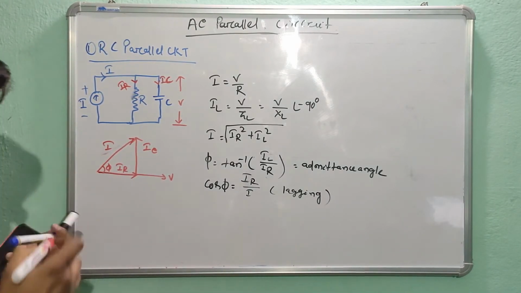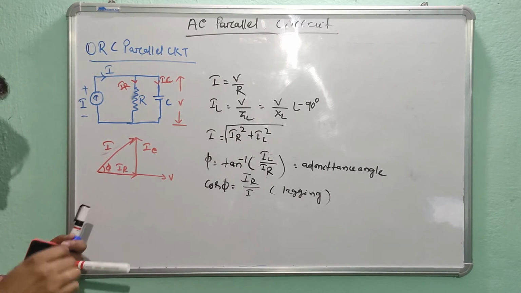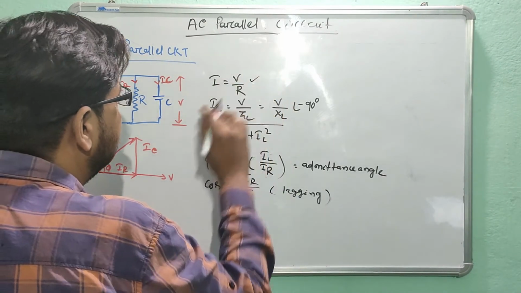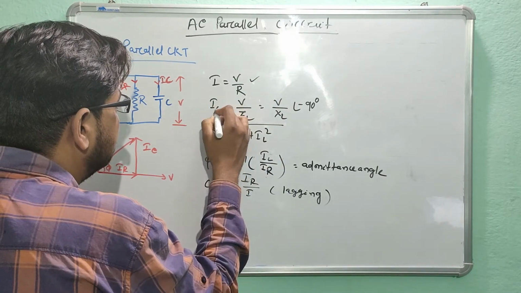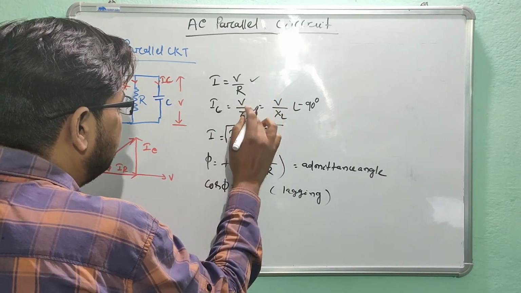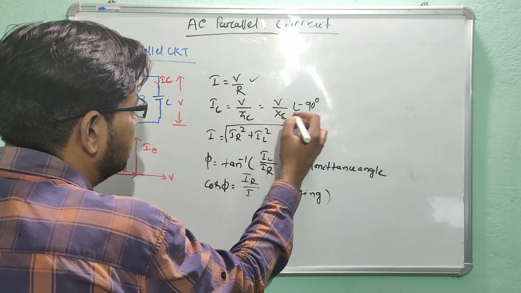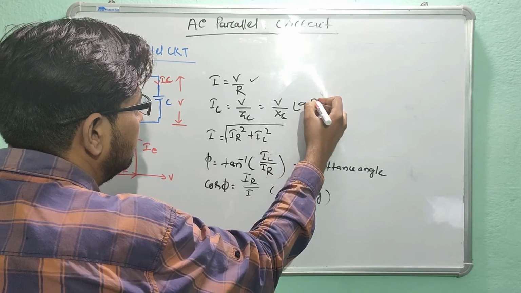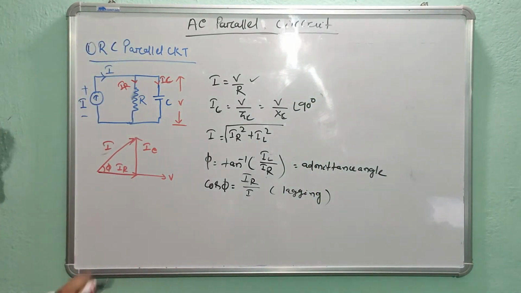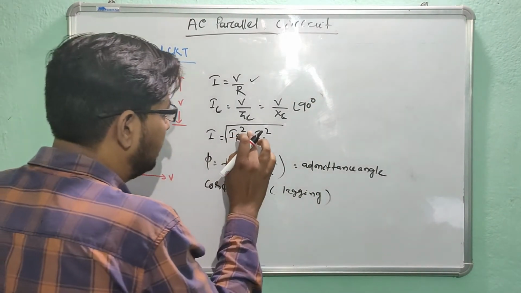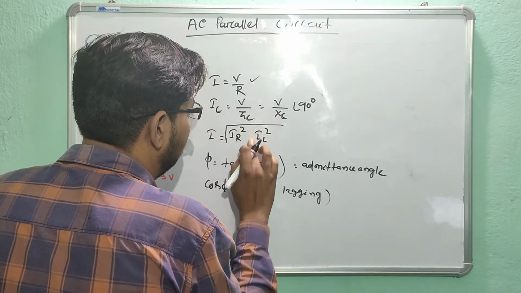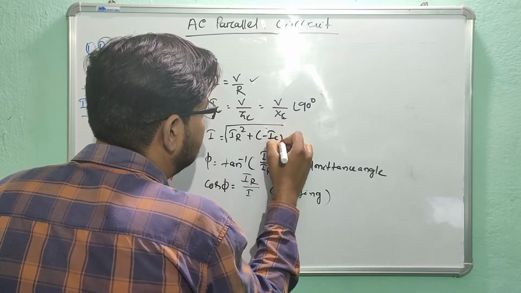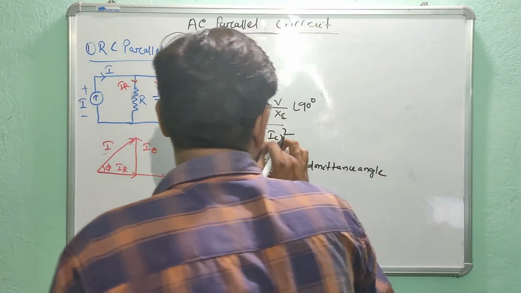This is my vector diagram, and you see what is my IR value? IR is equal to V by R, and what is my IC value? This is your V by ZC, that is equal to V by XC at an angle of 90 degrees. So what is my I value? I is equal to root over of IR square plus IC square.